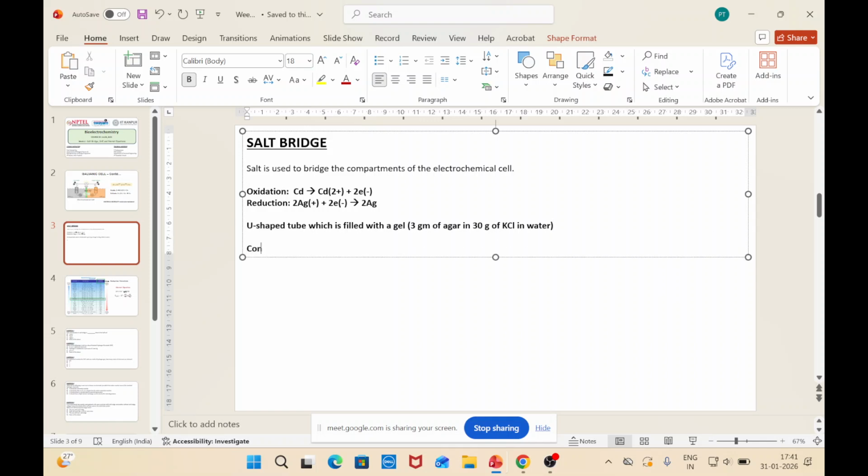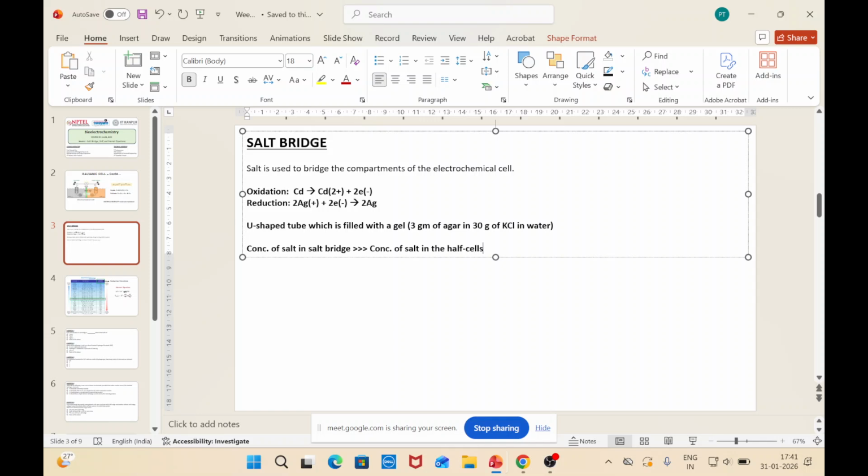I can write it this way: concentration of salt in the salt bridge is very high compared to the concentration of salt in the half cells.